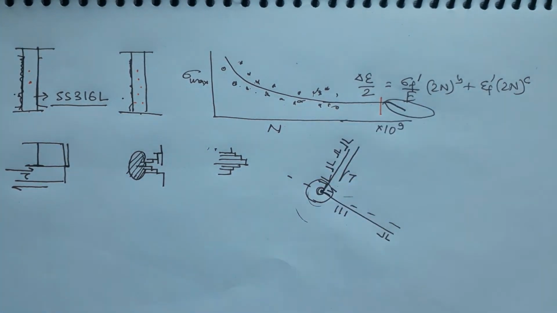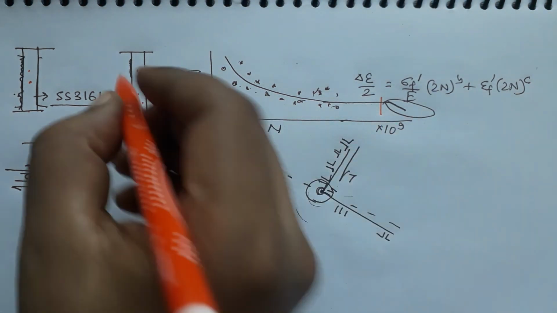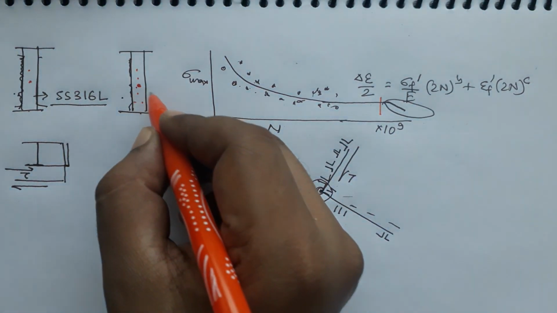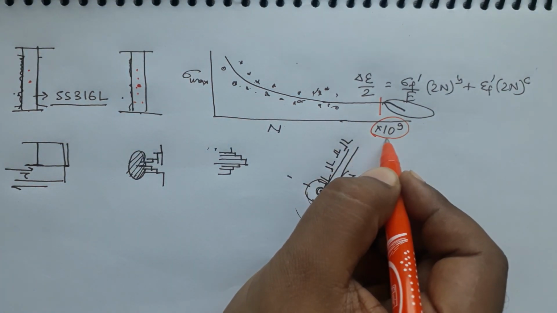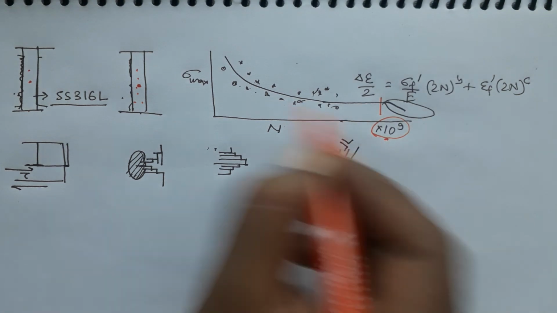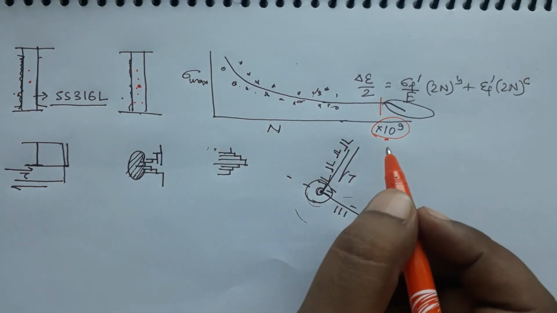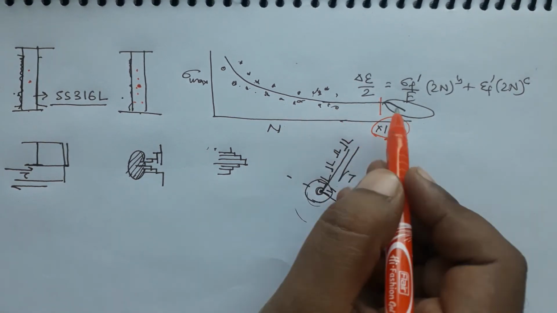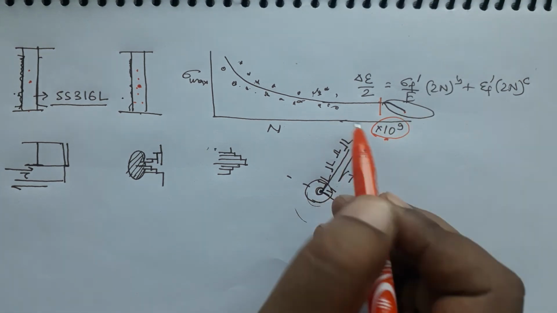If you keep on doing this, then imagine the damage which has happened in the material. That damage is getting accumulated for 10 to the power 9 cycles, and when you get there, the damage is so big that it leads to a failure. So what looks like an immortal material also fails, because you still have damage inside.